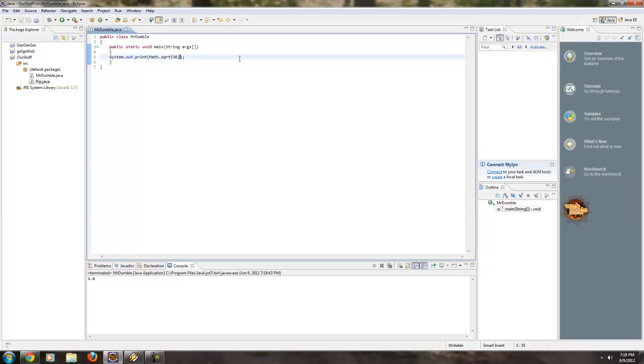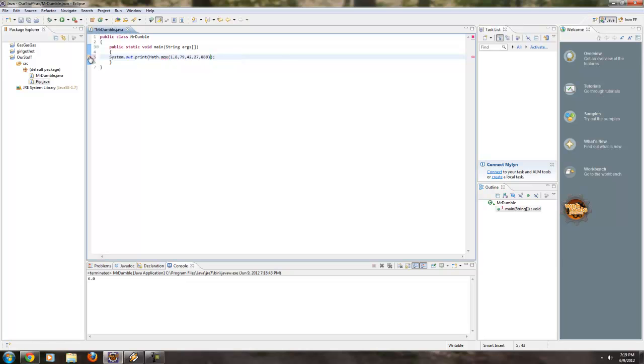And 2 more I want to show you guys, and then that's really it for the math class for now. Is math.max, and let's just say I keep throwing in a bunch of numbers. 1, 8, 79, 50, 42, 27, 888, and I just have like all these numbers hanging out inside of here.